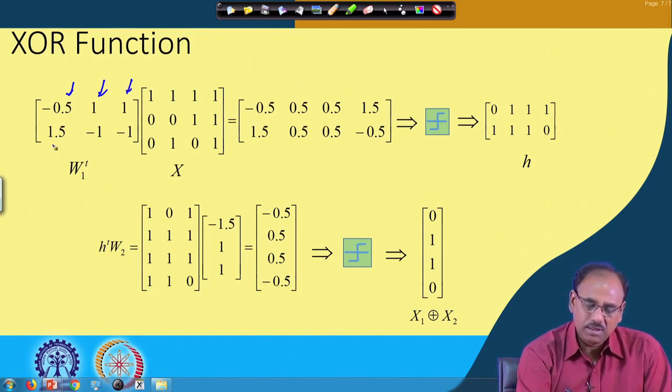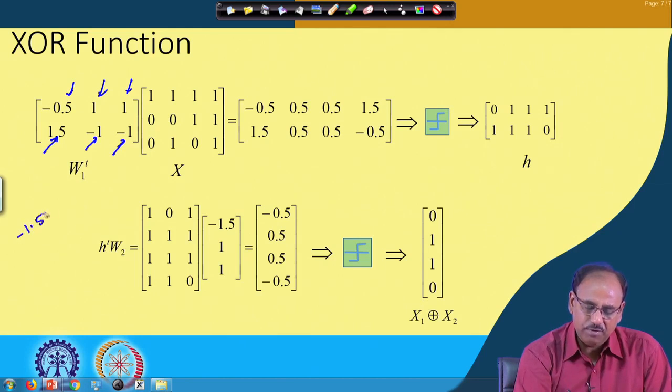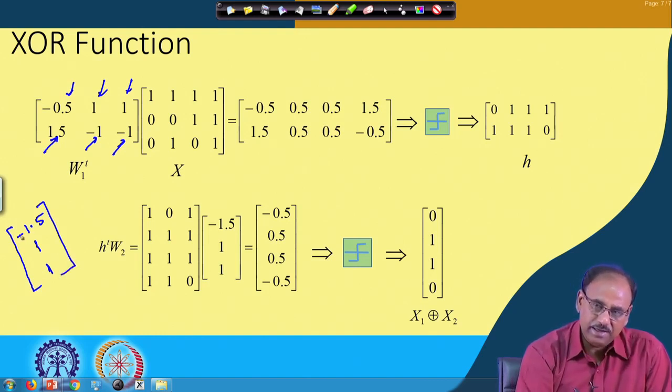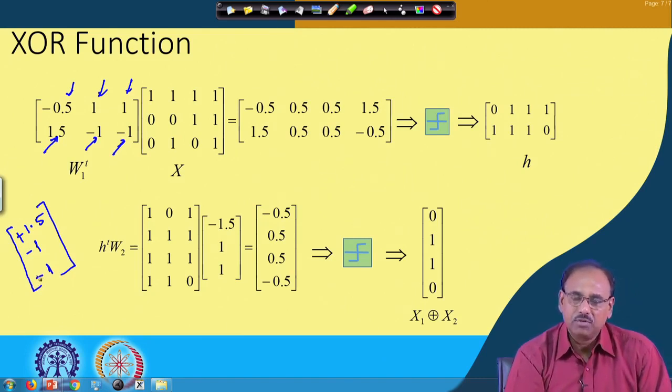The second weight vector is given by 1.5, minus 1, minus 1. If you remember from our previous discussion, minus 1.5, 1, 1 was the weight vector corresponding to AND operation. So, if I negate it, I make it plus 1.5 and this as -1 and this as -1. This is the weight vector which is used for NAND operation.